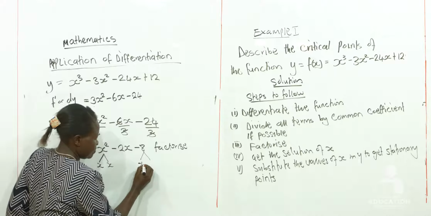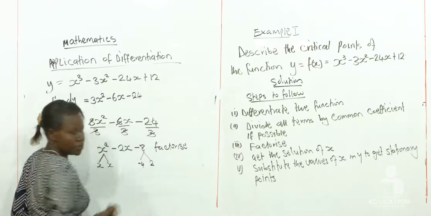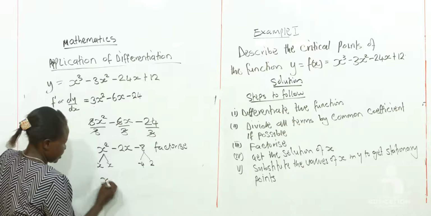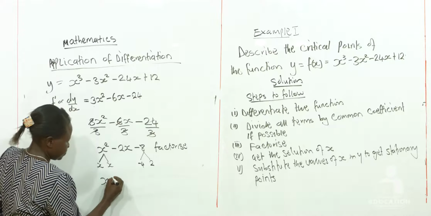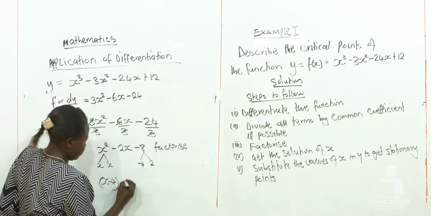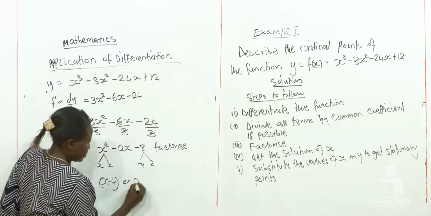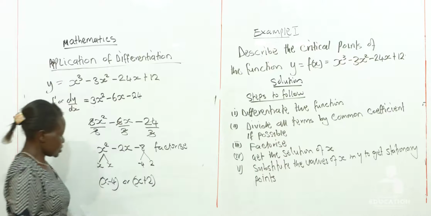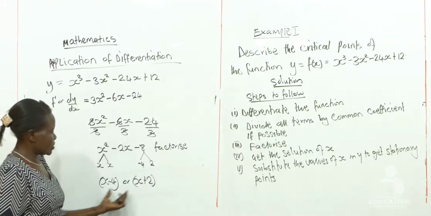We have negative 4 and positive 2. So we shall have x with negative 4, and x with positive 2. These are now the factors.